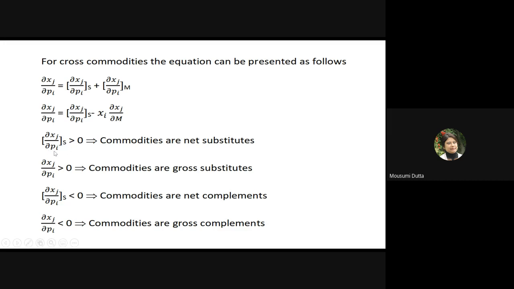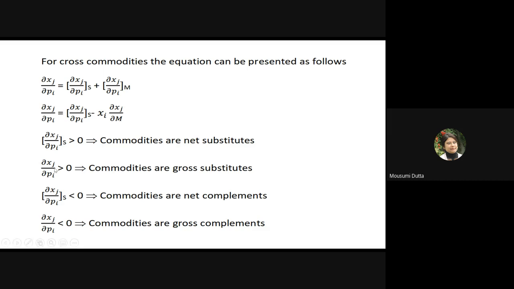If there is an increase in the price of the second commodity, that reduces the demand for the second commodity, and that in turn increases the demand for the first commodity. This increase in demand for the first commodity will happen if and only if x1 and x2 are substitutes in nature.